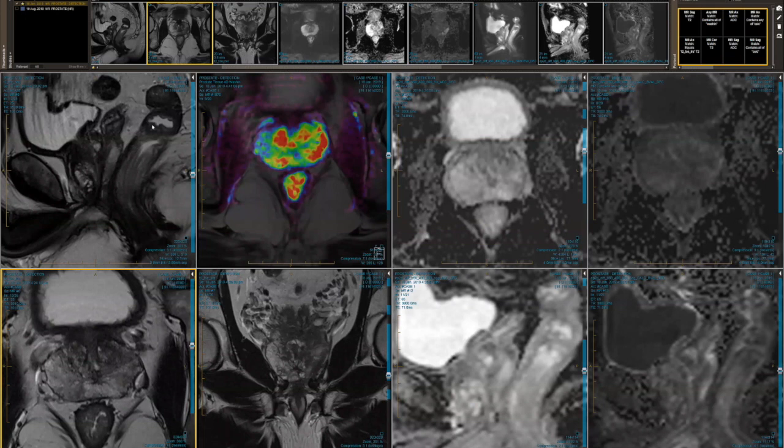Before we get to these MRIs, Richard, just perhaps a quick question for Veeru. In your practice, in your centre, are you using any additional markers like % free PSA in addition to just total PSA, or any other markers, or just going straight to MRI with an elevated PSA?